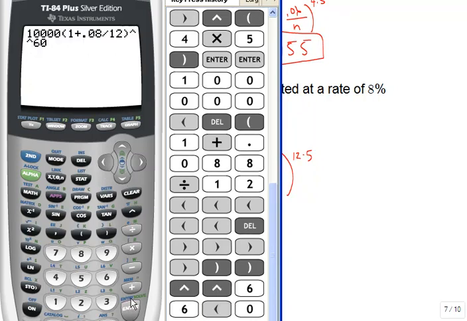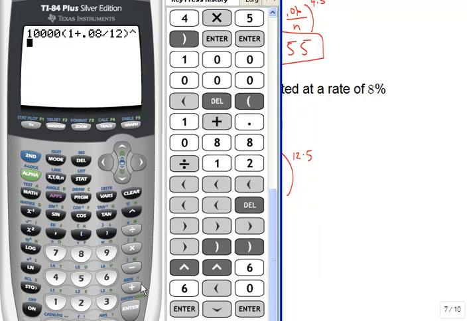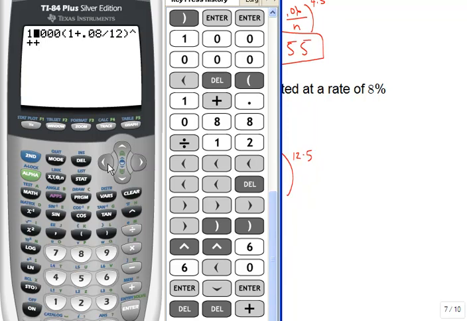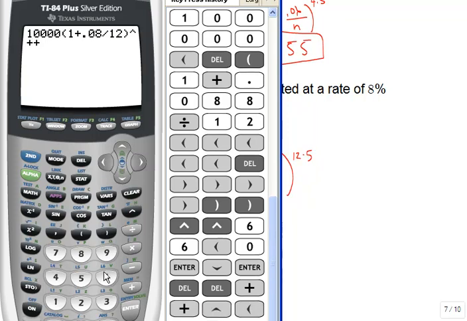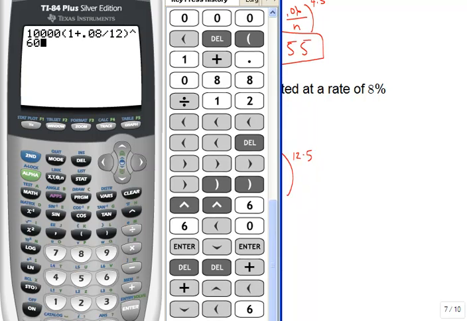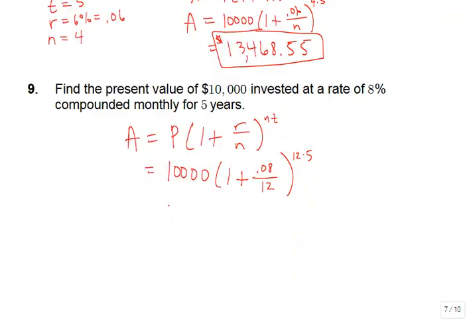Whoops, I must have typed it in wrong. Oh, too many little power buttons. Let's try again. Jeez, this is frustrating. 60. I think I got it right now. There we go. So we get 14,898.46.